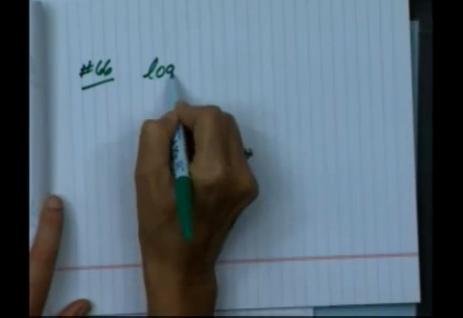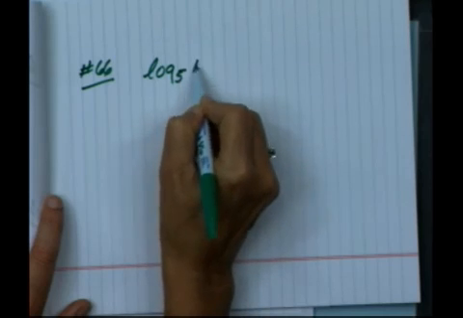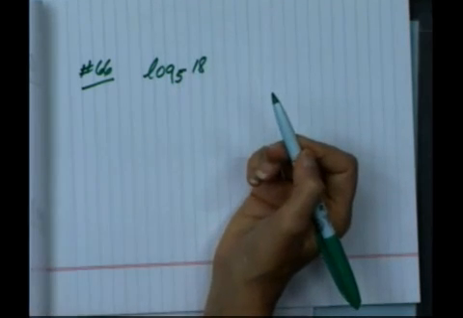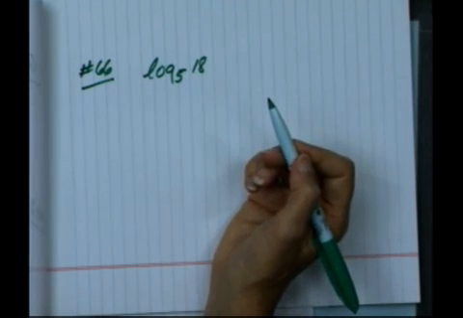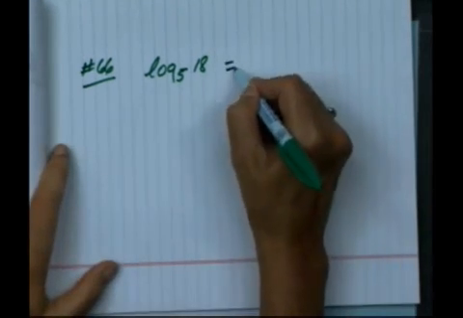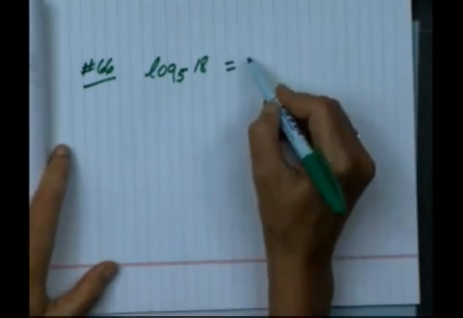All right, let's do a change of base formula. This is problem number 66. Log to the base 5 of 18. And do y'all want to do common logs or natural logs? Your choice. Natural logs. All right, convert this to natural logs.